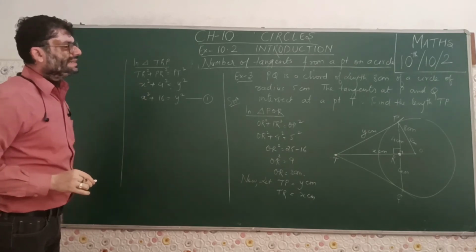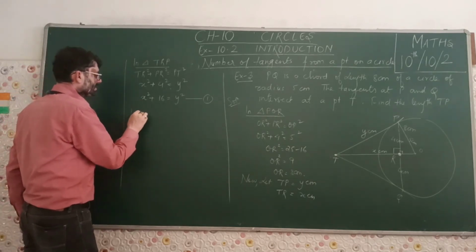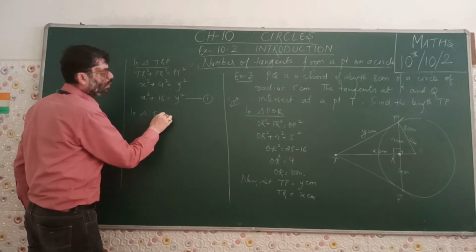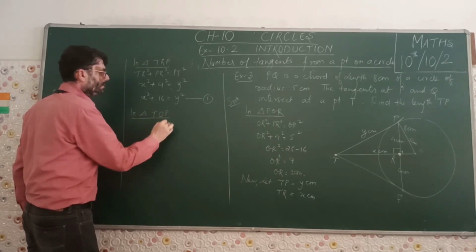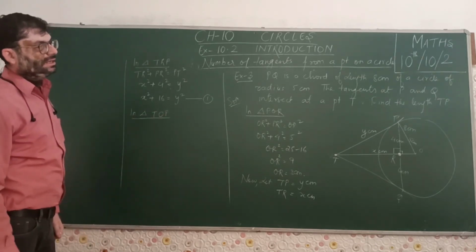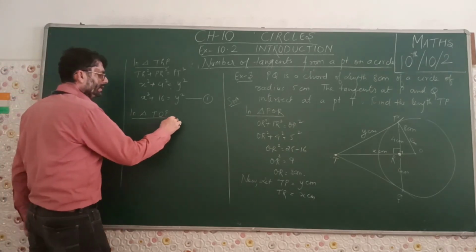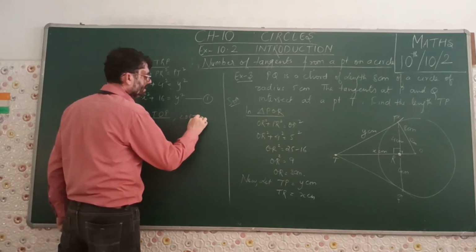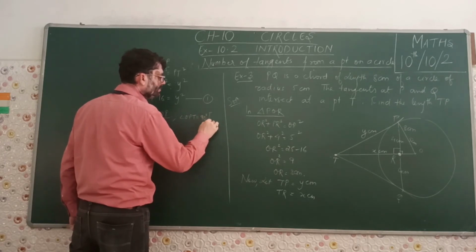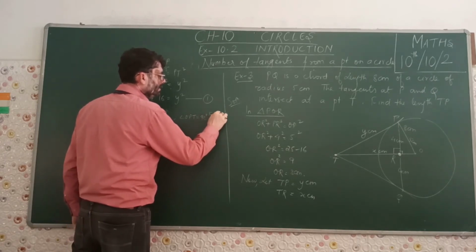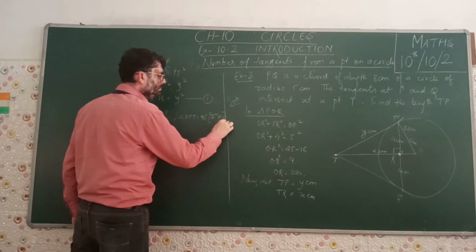Moving on to the next triangle that we see, triangle TOP. In triangle TOP, angle OPP is equal to 90 degree, and that is by theorem 10.1 that we know.